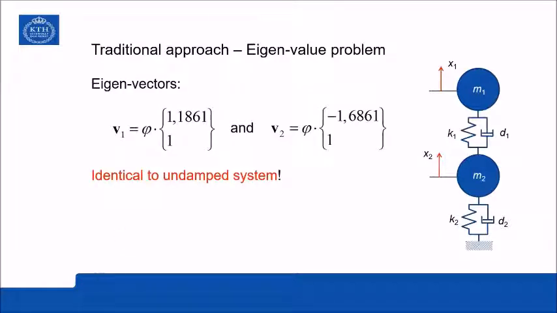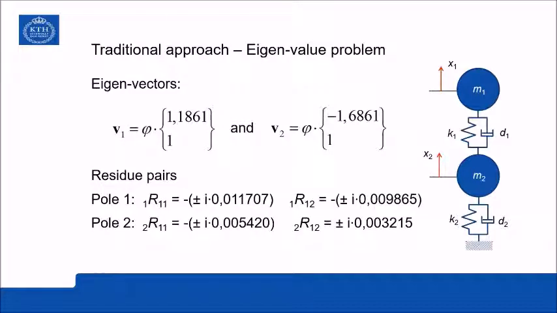The eigenvectors will be like this, and as you can see, these are identical to the eigenvectors of the undamped system. And that is characteristic for the proportionally damped systems, that the eigenvectors are the same as for the undamped system. So what if we use the residue pole approach, the transfer function approach?